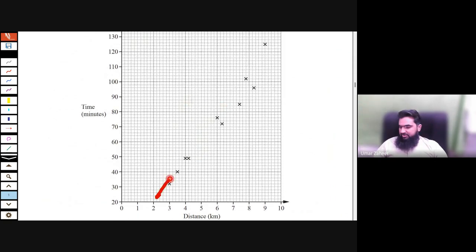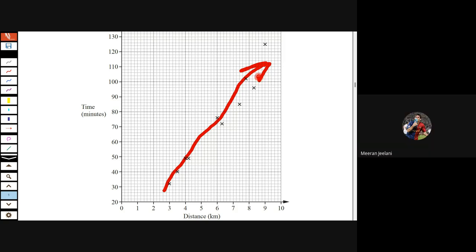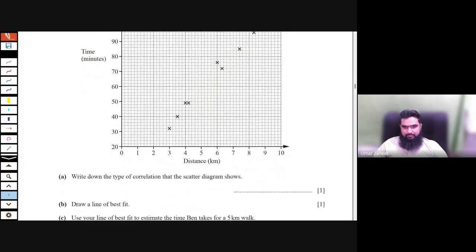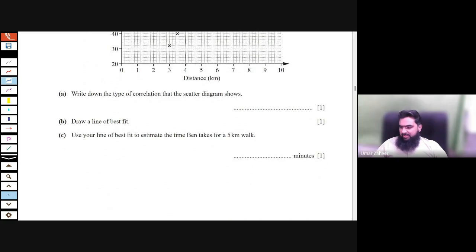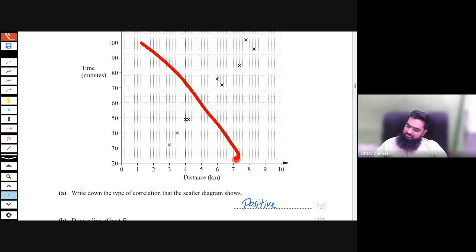Yes, what type of correlation is it? Positive. It is from left to right, the line is moving upwards, so it is a positive correlation. If from left to right it is moving downwards, it means it is a negative correlation.